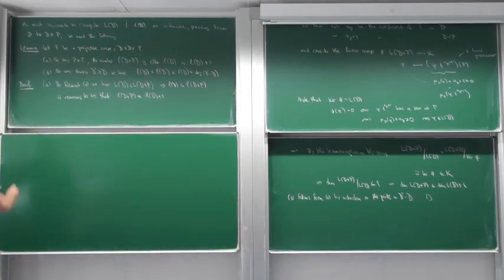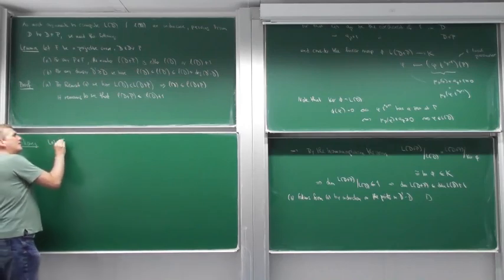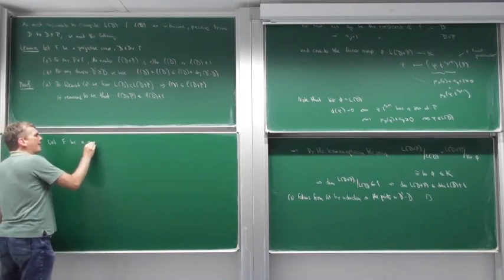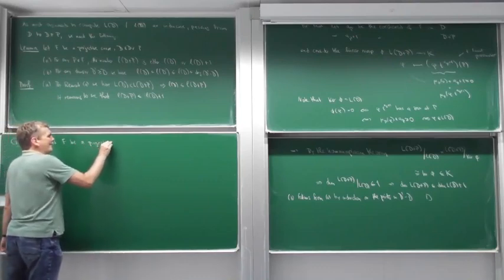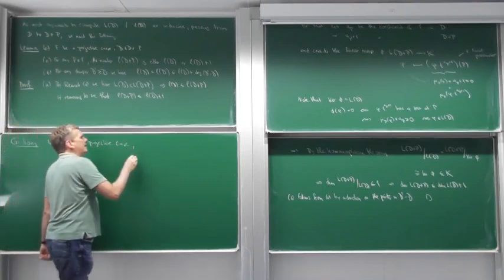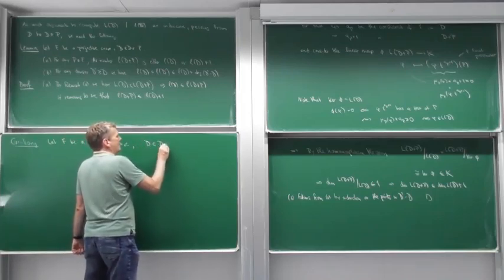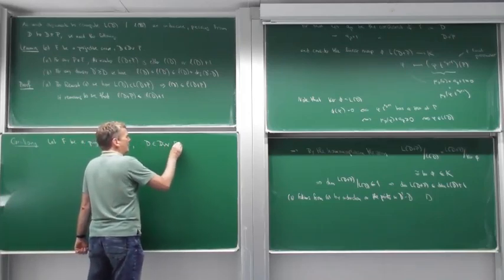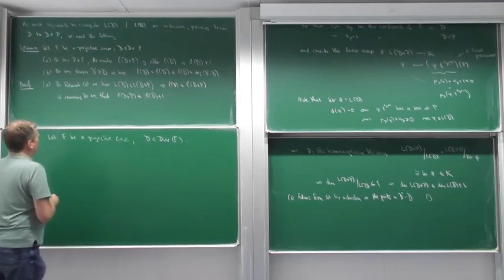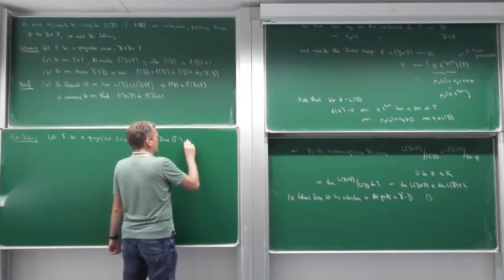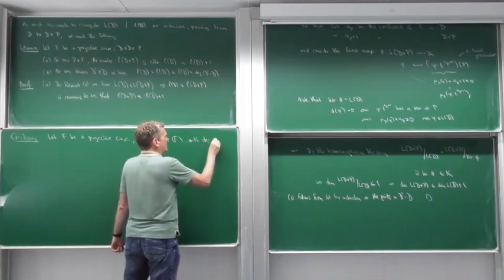And let me write this down as a corollary. So again, let F be a projective curve, and say we have a divisor D on F with non-negative degree. Otherwise, we already know it's 0.